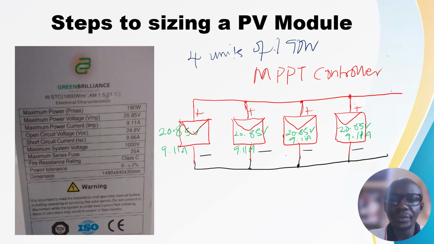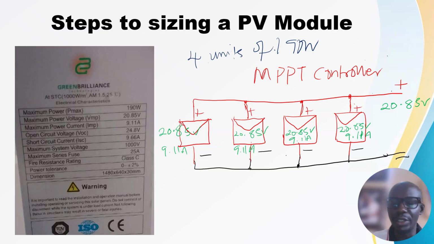You got that? So now if you connect in parallel, the voltage still remains the same, 20.85 volts, but you are adding the current. Are you getting it? The current will be added. So let me reach out to my calculator.